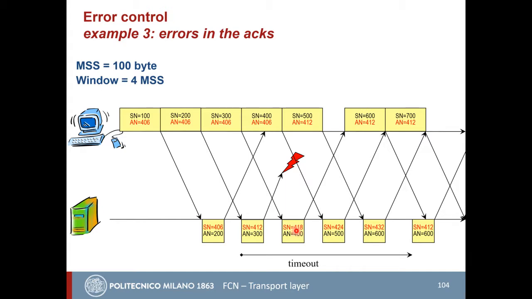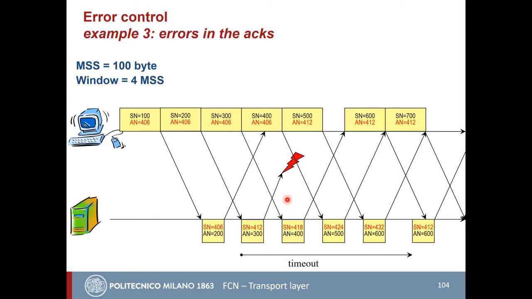The next acknowledgement arrives, and since the meaning of the acknowledgement is cumulative, at that point the sender can start transmitting the other segments, because the window slides on until the position that is 400.